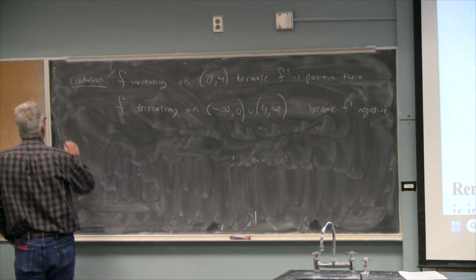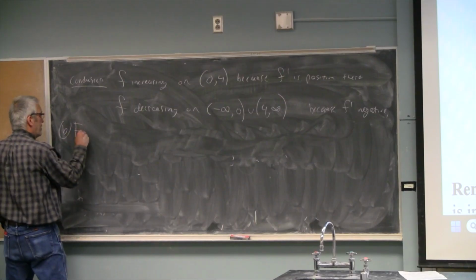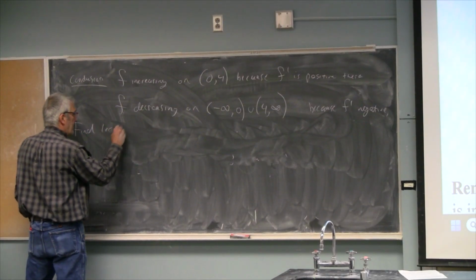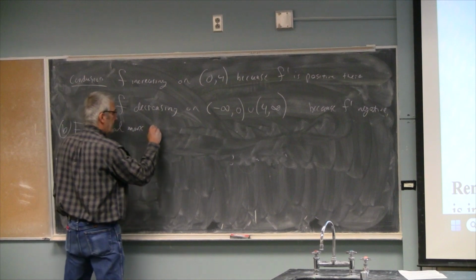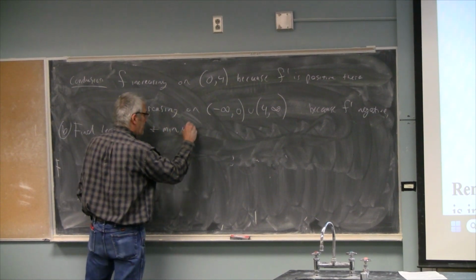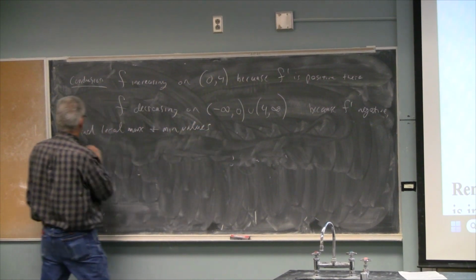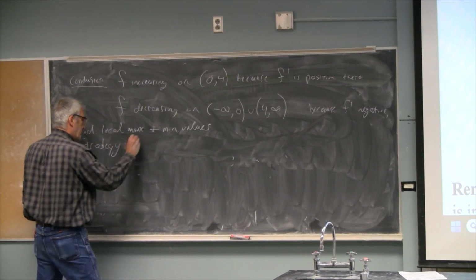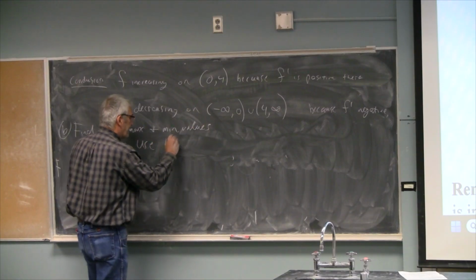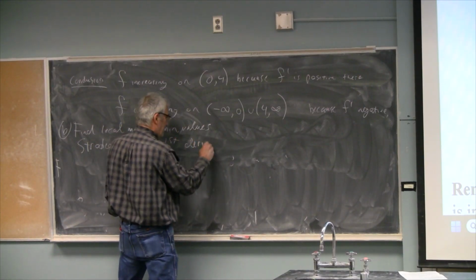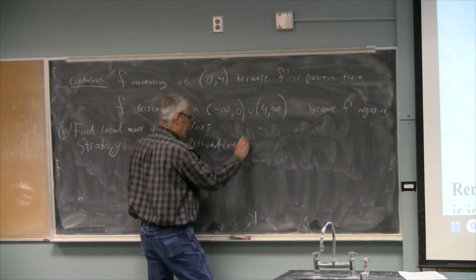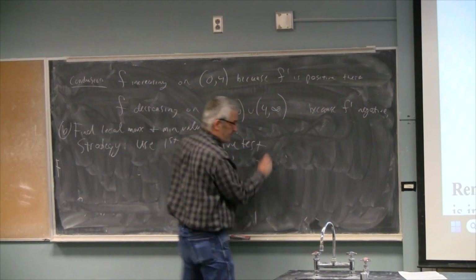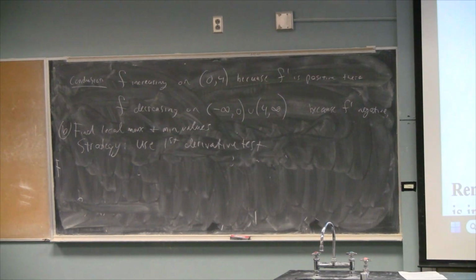All right, question B. Find the local max and min values. Okay, our strategy will be we're going to use the first derivative test. So let's go back and put the first derivative test back up.